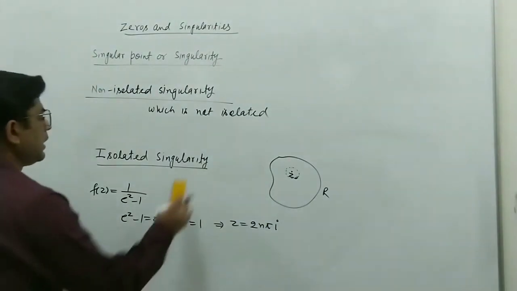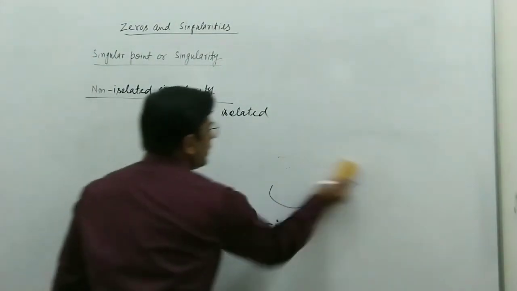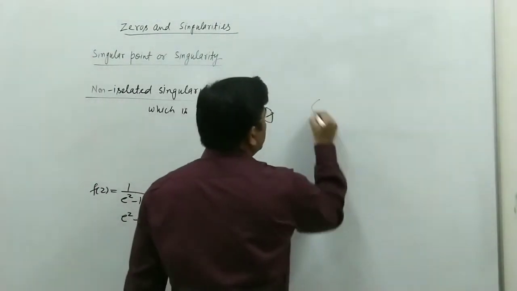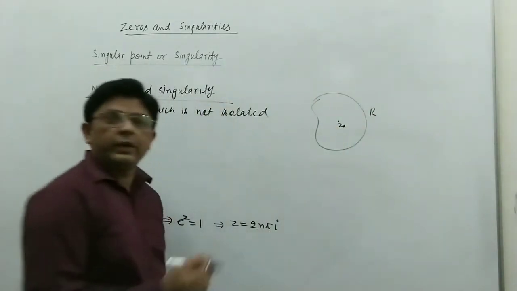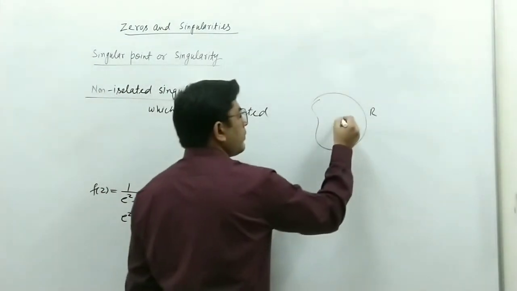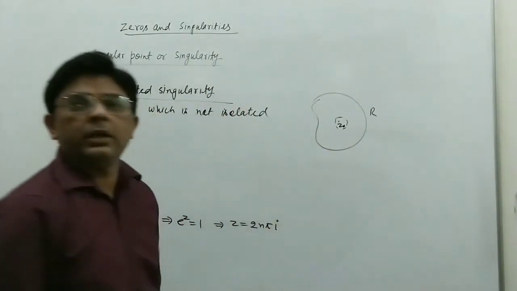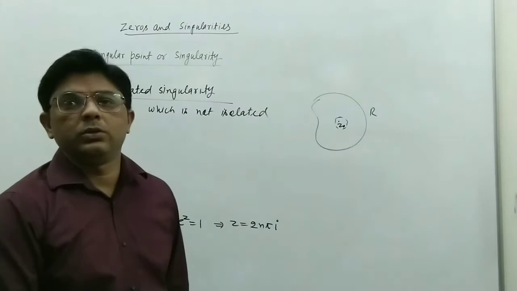So we can take an example of a non-isolated singularity. Or we can say that if we take some region R and if we take a point z0, so if in the neighborhood of this z0 we can find other singularities also, then it is non-isolated.